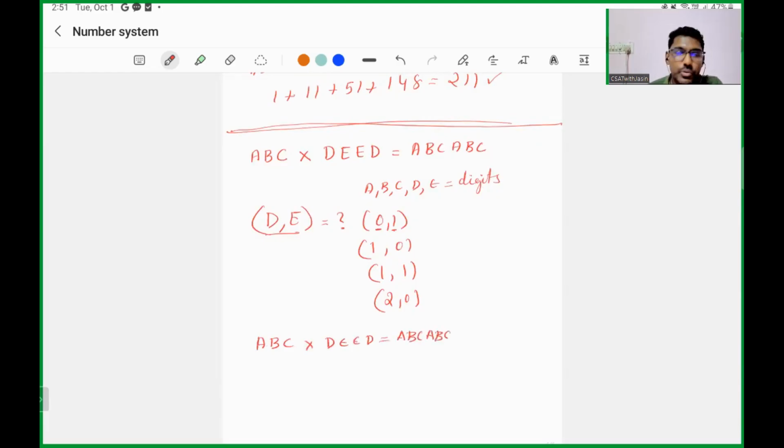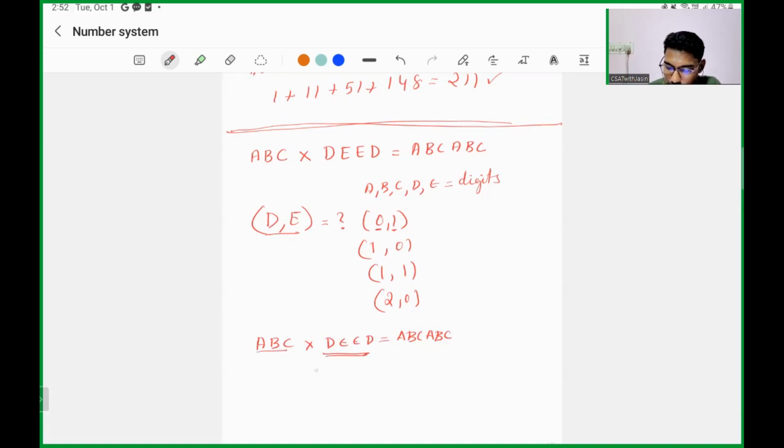Now one thing you can do here is, if you are given alphabets instead of numbers, it will be a little difficult, because normally we do calculations on numbers. We need to find what D and E are.